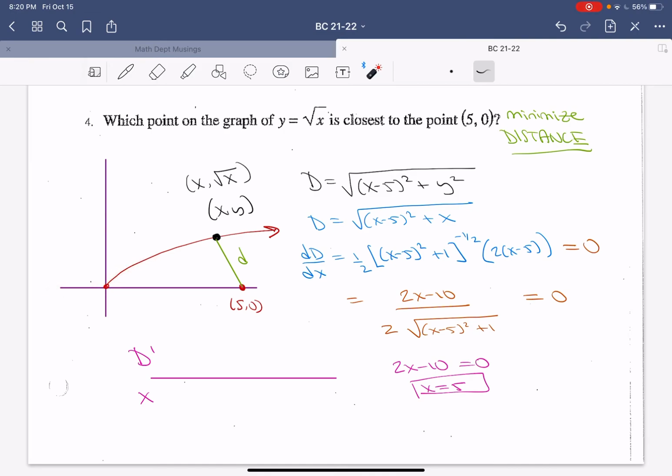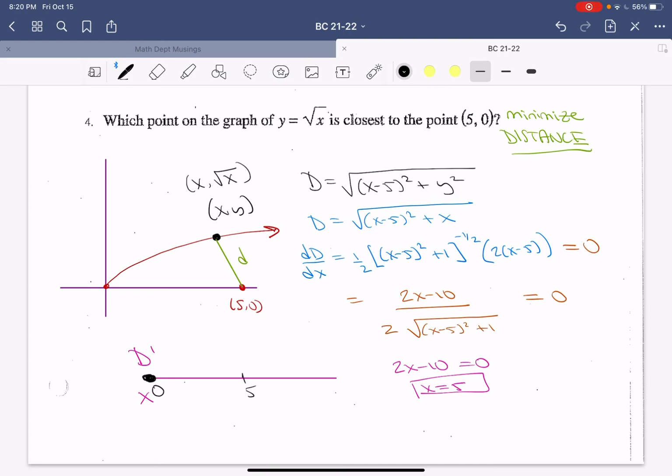Even eyeballing it, I clearly see that the distance is going to be bigger. I'm just going to remind myself that I really don't care about values of x less than 0, and frankly they wouldn't even be relevant. So I'm just going to close that number line at 0.